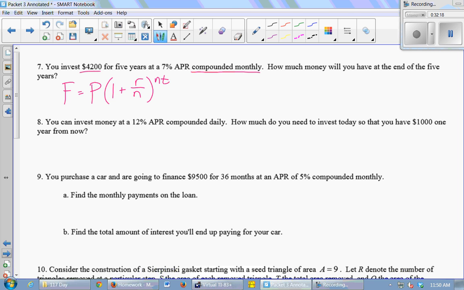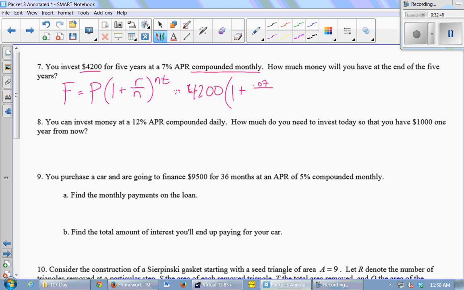All right, so 4,200 is my investment, so that's my principal or my present value. And I want to know how much I will have, so that's the future value after 5 years. So I plug in all the numbers I know. 4,200 goes in for my present value. 1 plus, my interest rate is 7%, so I should plug in what, Allie? 0.07, good.